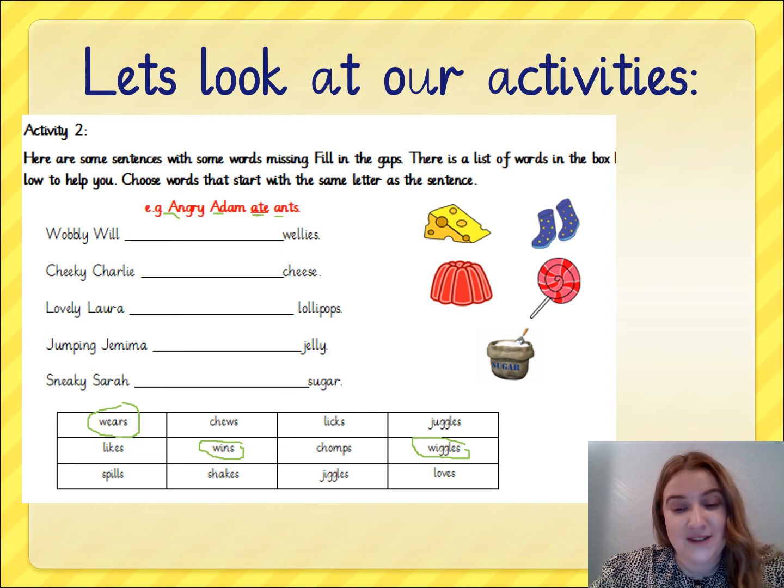Which one makes the most sense? Hopefully you said the first one. Wobbly Will wears wellies. I would like you to work through the rest. You can choose whichever word you want to fill in the blank. If you want to make one a little bit silly, that's okay too. Remember though, they've got to have the same sound at the start.